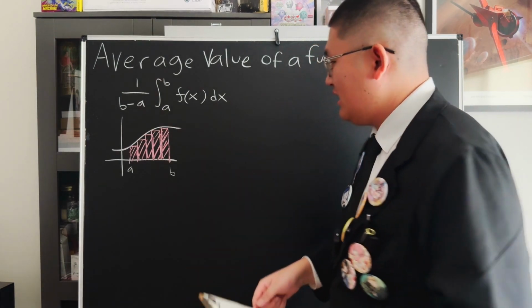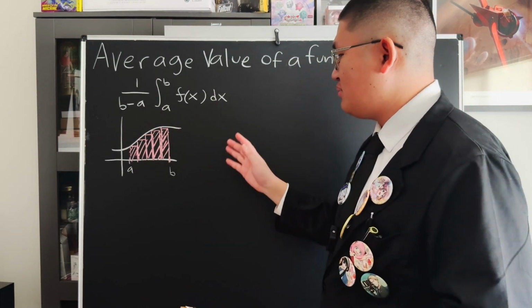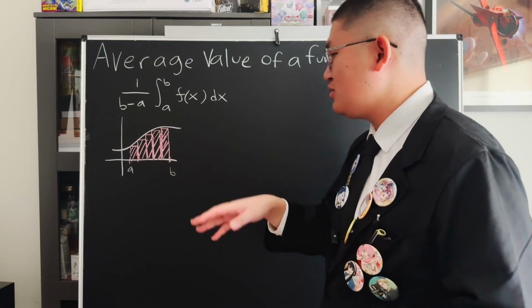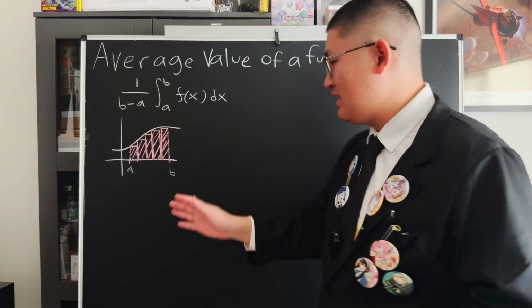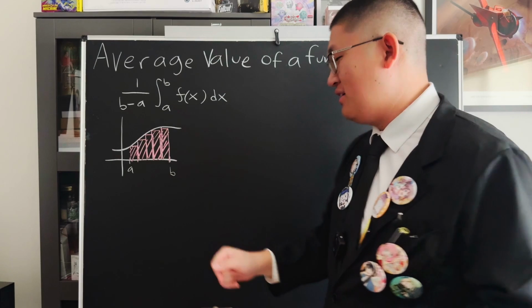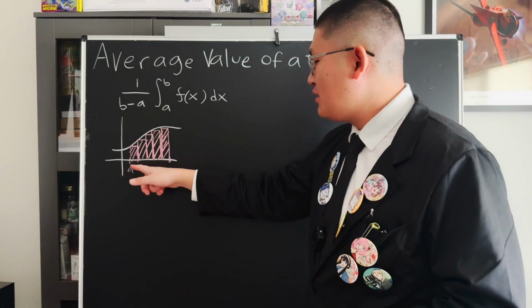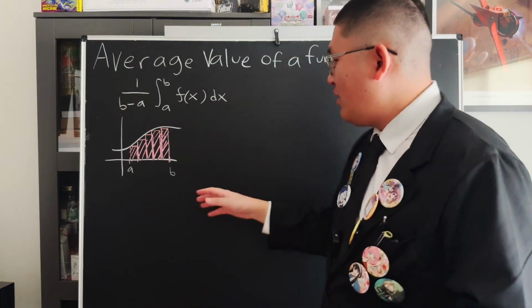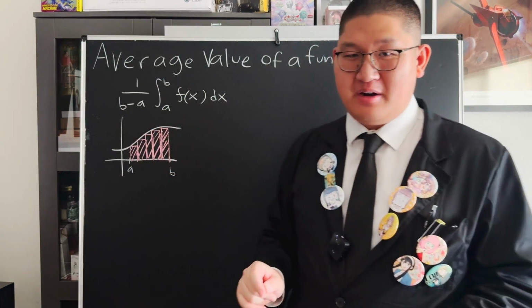But thinking of it like a simple visual, we have all these different rectangles. Again, back to the Riemann sum, there are basically an infinite number of rectangles. If there are the subset of rectangles underneath the curve, we get the total amount of area.